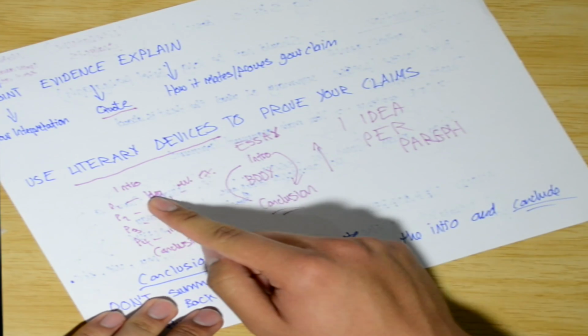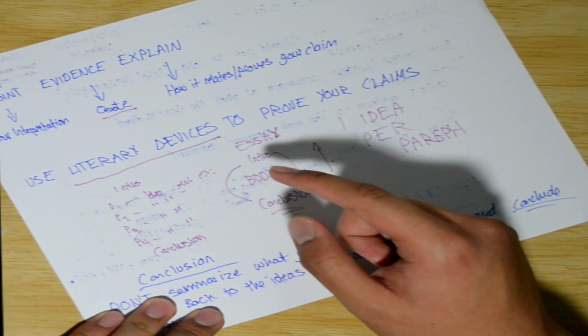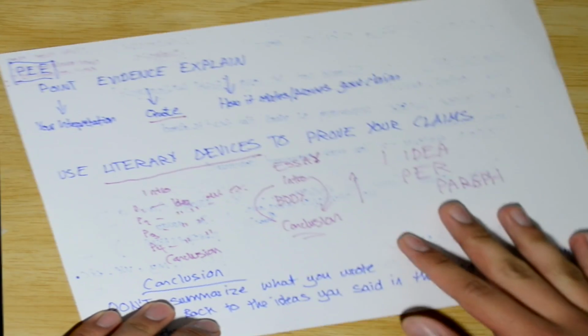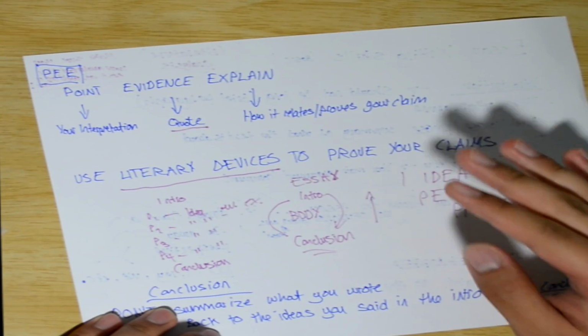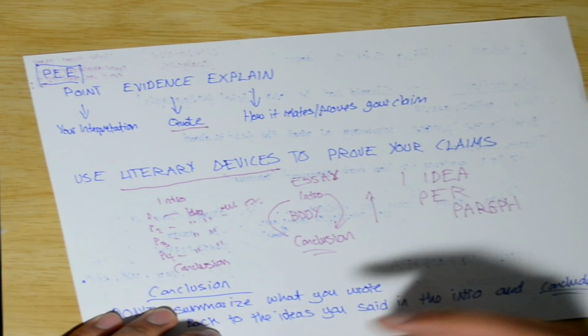Hence, you're stating your idea, and you're evaluating the idea through the use of literary devices. If it's too complicated, just remember P: point, evidence, explain. And remember that it's 1 idea per paragraph.